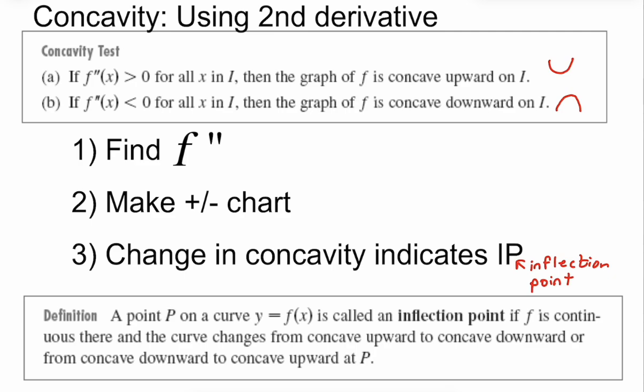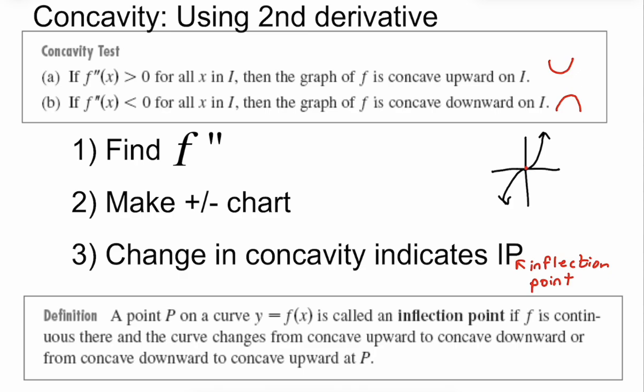One of our simple functions that we've known for quite some time, you might remember our parent function of a cubic, has a change in concavity, or an inflection point, at (0, 0).